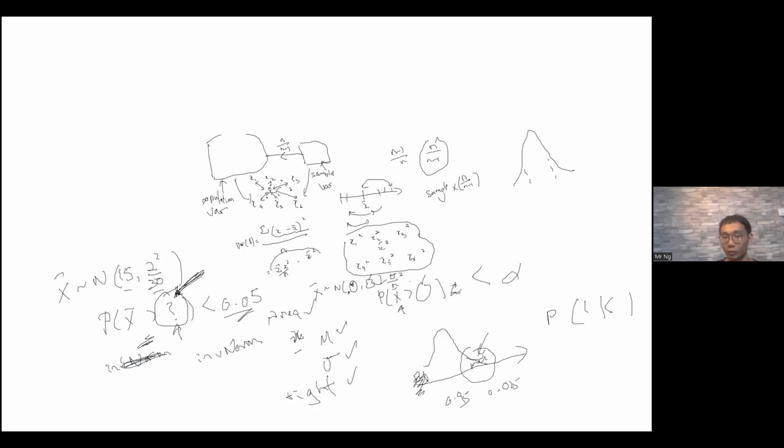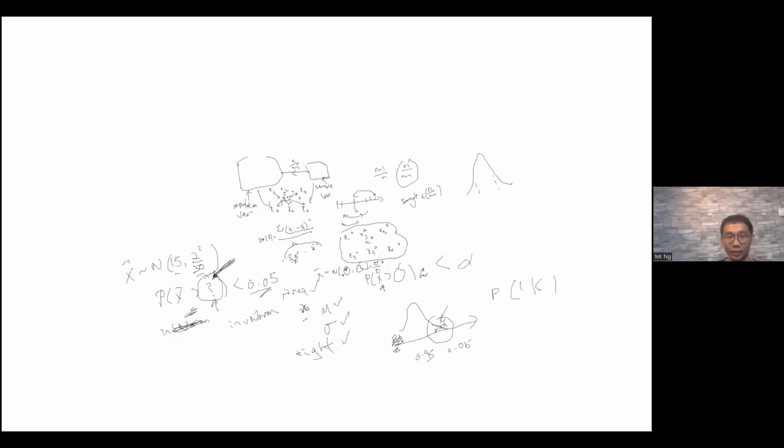But now let's say in another situation where the mu becomes unknown. So this one is unknown, this one is known, this one also known. So what does this need to be?